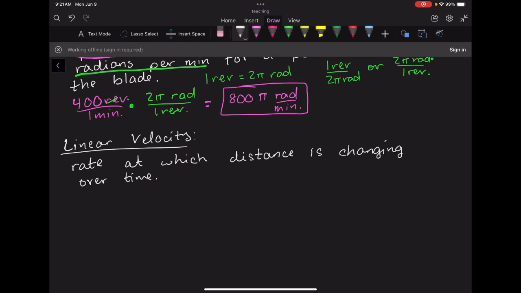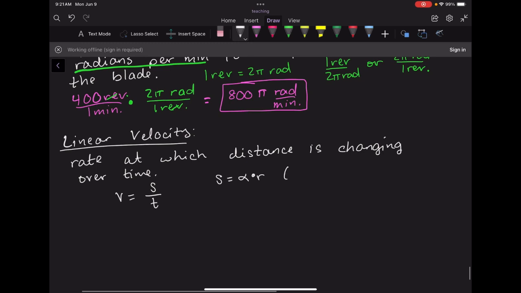So your formula for this is V is equal to S over T. Let me rewrite that S. Now, S is equal to alpha times R. What this really is, it's the arc length formula from our last section.